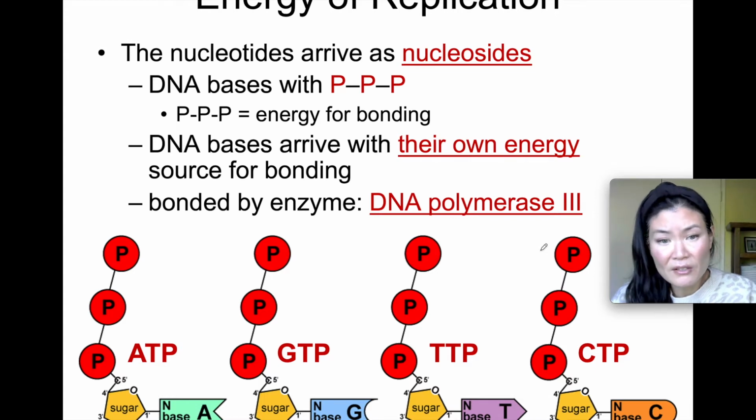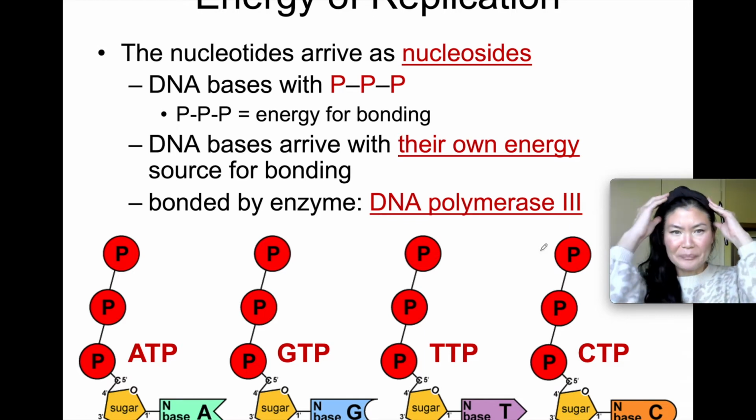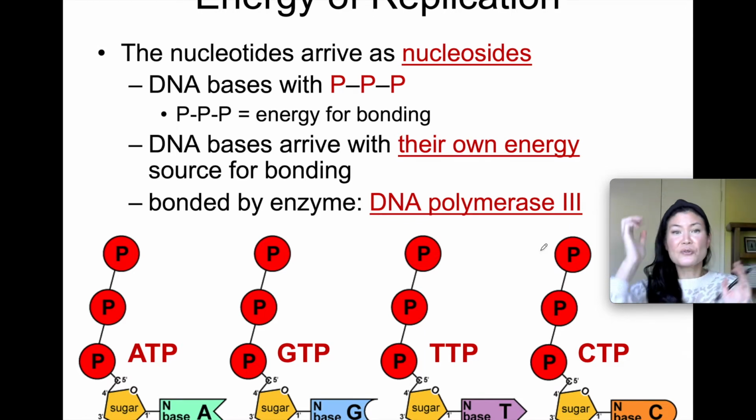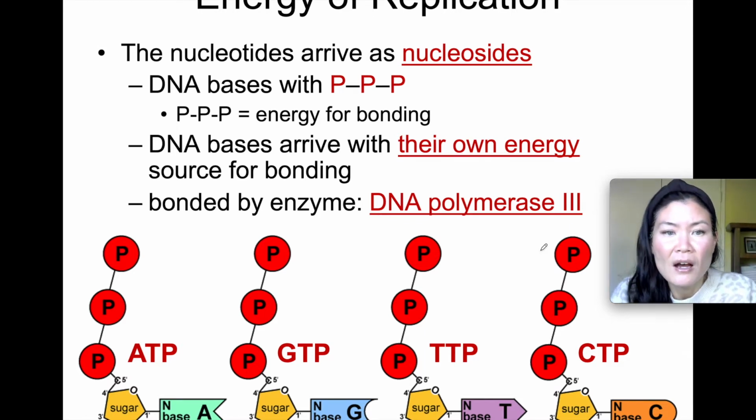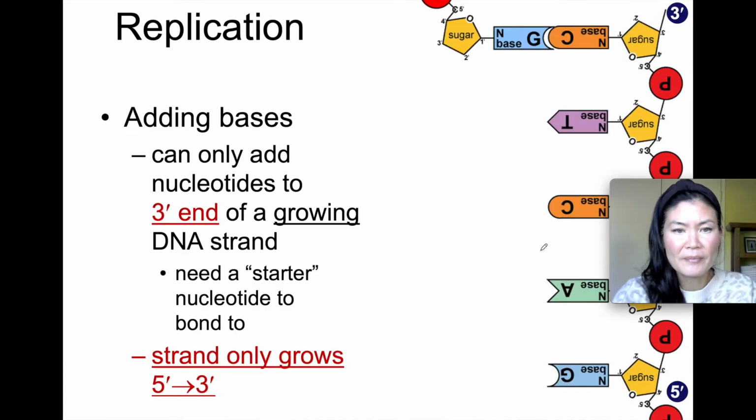But they could use GTP. Actually, you know what? I think it was in cellular respiration in the Krebs cycle, where we did talk about some GTP, okay? So the nucleotides or nucleosides with the 3 phosphate groups come with their own energy, and the enzyme is what brings them together, the complementary base pairing, okay?